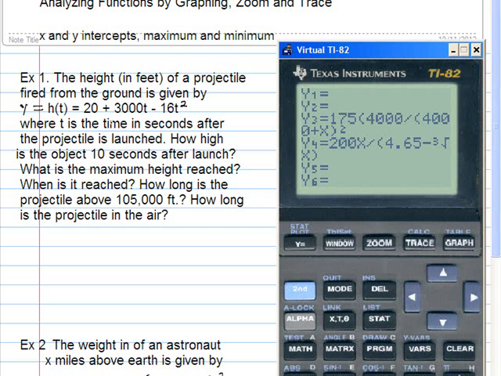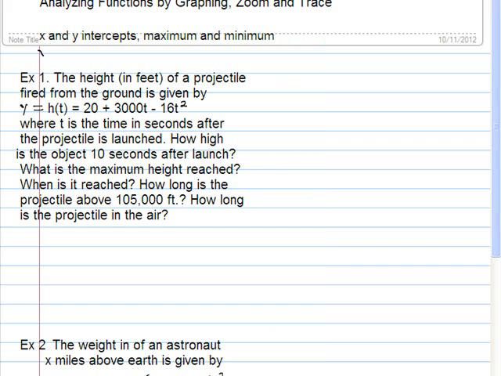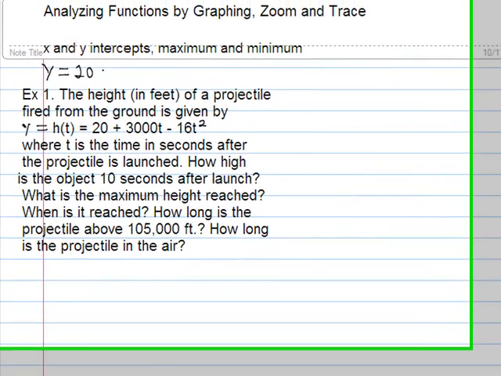Now, the first thing you note is that it's in terms of h and t, and what goes into our calculator is y and x. So I'm going to rewrite the function right above the problem here, and instead of h of t, I'm going to say y. You notice the calculator continues to disappear every time I touch the screen. I don't know what causes that, but it's something we'll have to live with.